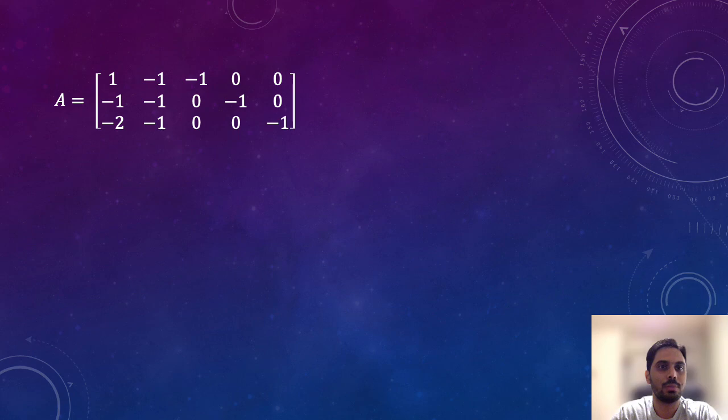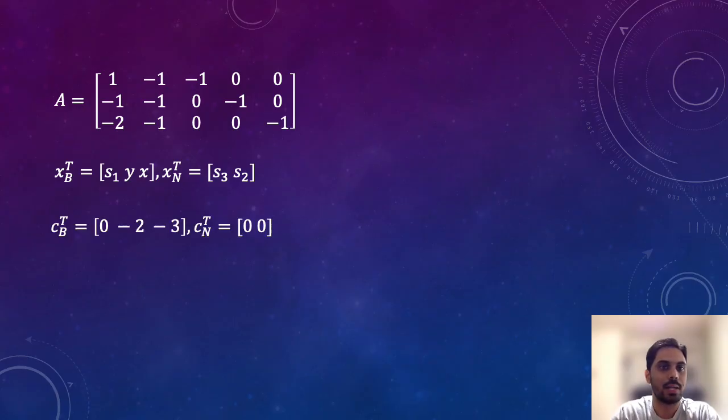So A was like this. Our XB was S1, y and x, and XN was S3 and S2. Using that we can compute our CB, that was 0, minus 2, minus 3, and Cn was 0, 0. This was again the same as before. We have already computed all those things. So the formula for XB is simply B inverse b.